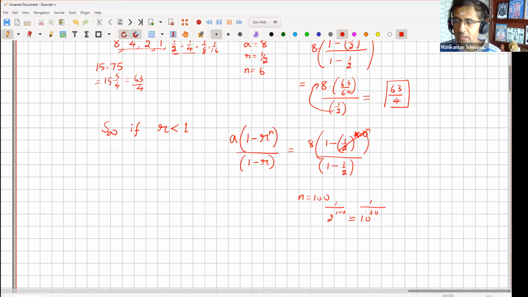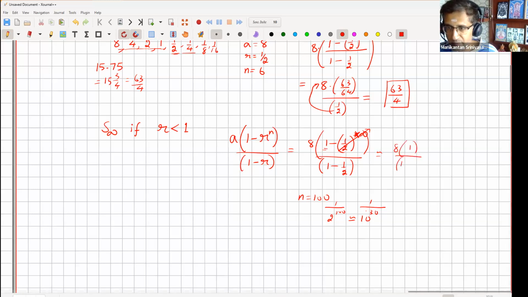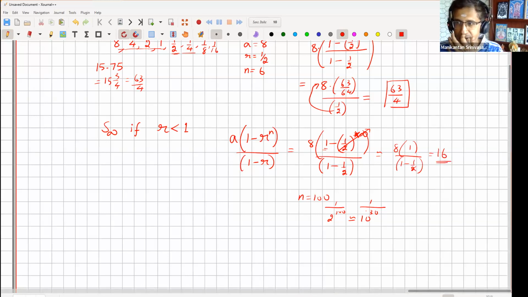Let's say it has 0, a decimal followed by hundreds of zeros. So practically it's negligible compared to the 1 which is here. So 1 minus that is literally 1. So it will become 8 times 1 by 1 minus half, which is 8 upon half, which is 16. Which is why we are saying it's converging to 16.